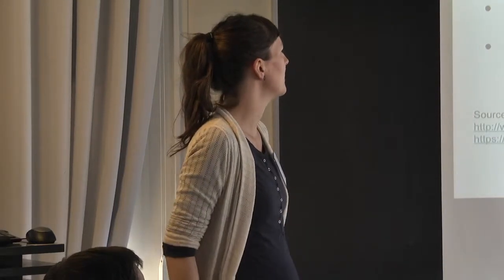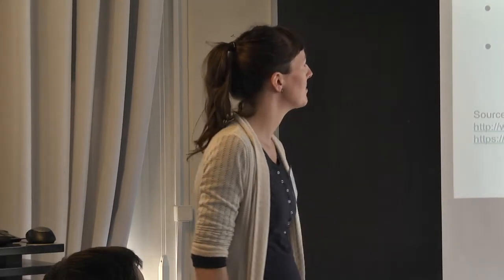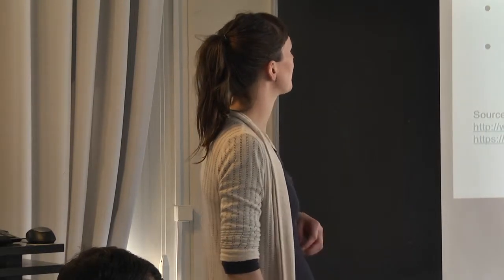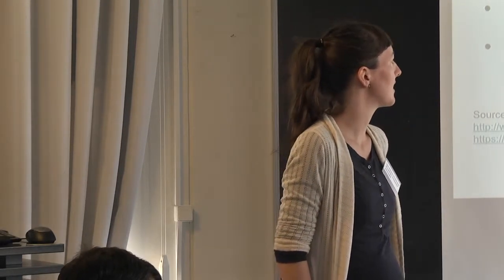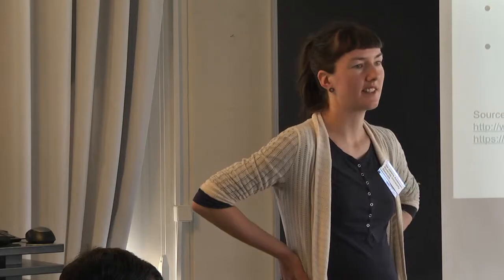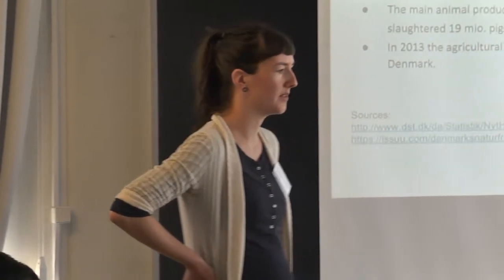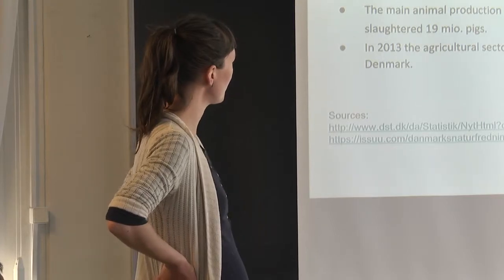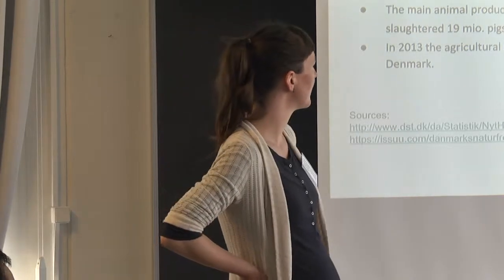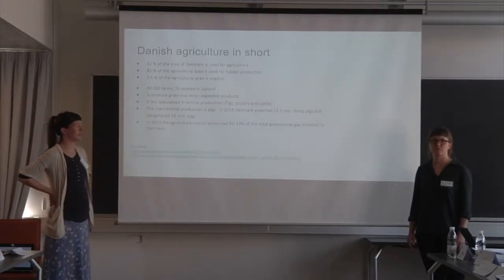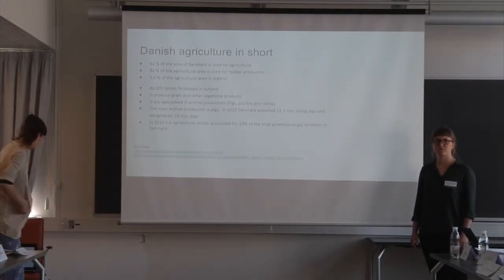There are around 40,000 farms, and 2/3 of these are located in Jutland, and 1/2 of those are arable farms, and 1/4 is specialized in animal production, and it's mainly pig production. The sector accounts for 90% of the greenhouse gas emission in Denmark.